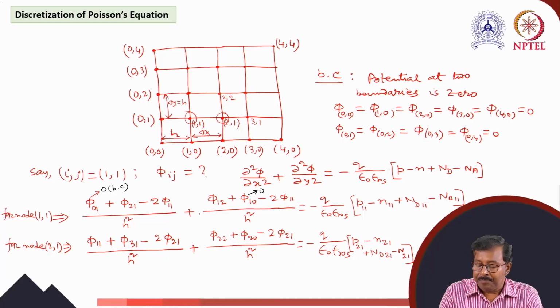However, if we simplify it by removing the denominator part, that is in the right hand side, if you multiply both sides by h square, it will give a simple algebraic equation, with some coefficients of phi 11, phi 12, phi 21, etc.